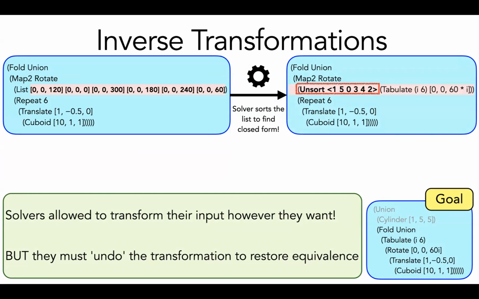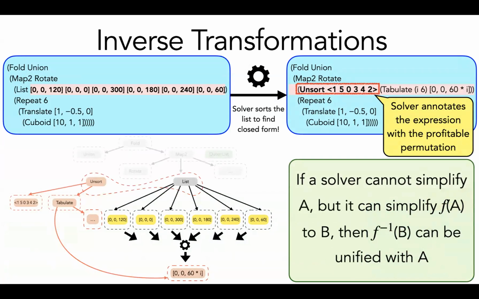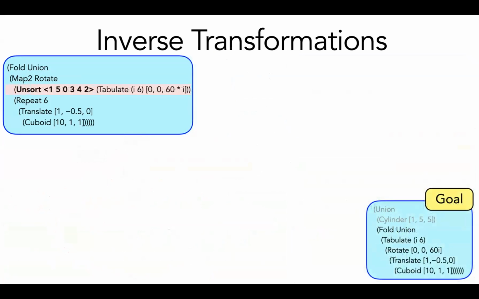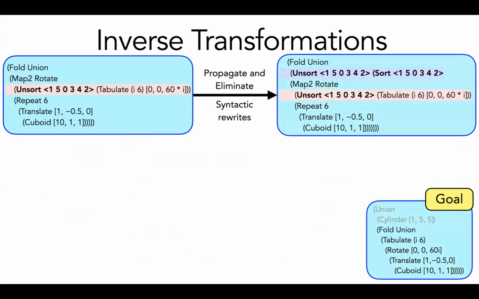And now we can actually propagate that through the egraph. Now the unification is sound. So by letting solvers tag things with the inverse transformation, you still get the sharing that egraphs provide. And you can chug along. Now what happens, of course, is we have these unsorts, tagging solver results that are flowing through the egraph.